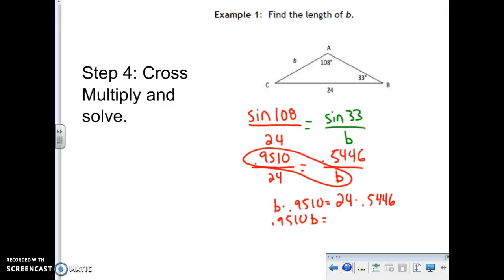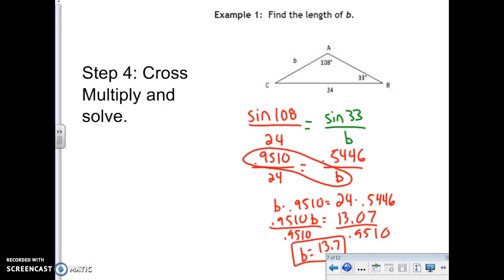Then I take 24 times 0.5446, and I got 13.07. I'm going to divide both sides by 0.9510, and when I do that, I get side B, the 13.7.